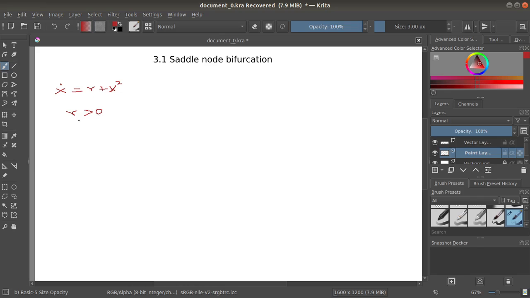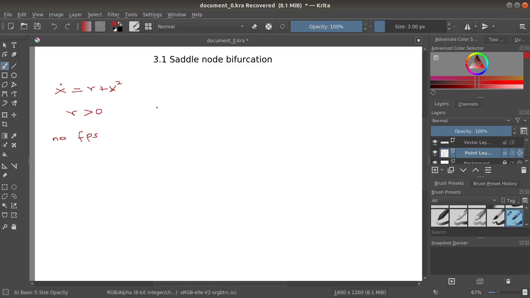If r is greater than 0, this term is positive. x square is always going to be positive, so the sum of positive and positive will be positive, right? So I cannot equate this to 0. Therefore, when r is positive, there are no fixed points. Okay, no fixed points.